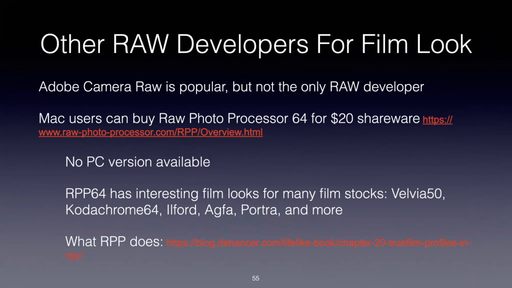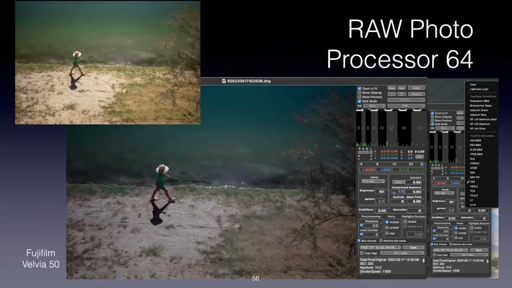It's cheap. The person that created this is a photography professor or something, and he had help from a photographer in Eastern Europe who set up all the film curves for it. And I think he did a really good job of it. And you can download this and play with it if you have a Mac.